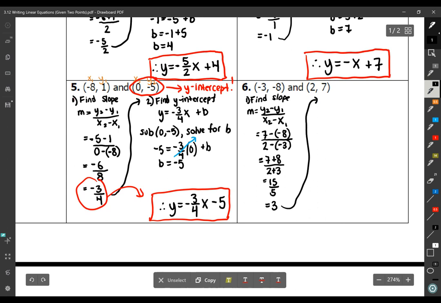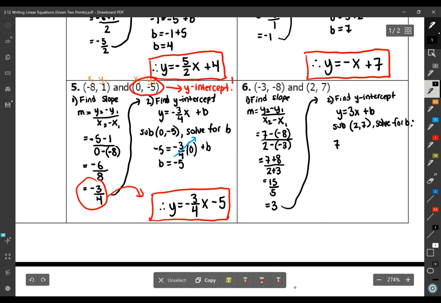Excellent. So step 2, find the y-intercept. Start with our partial equation: y is equal to 3x plus b. We're going to sub in one of the points. I'm going to sub in 2 comma 7 because I like positive numbers better, and solve for b.